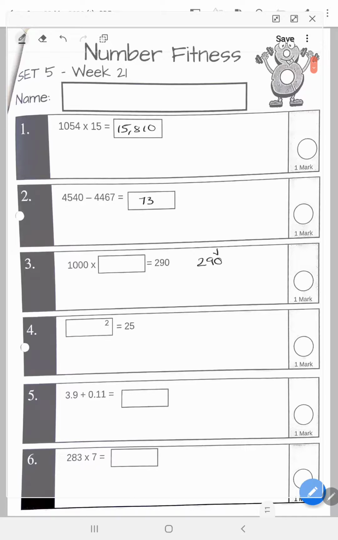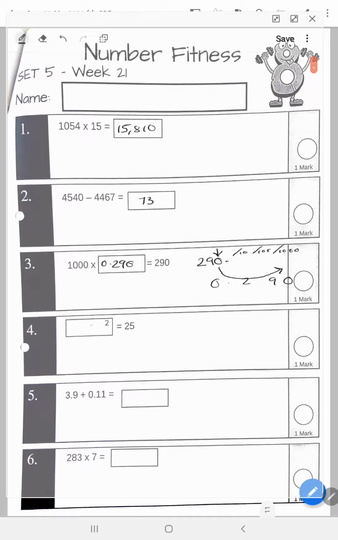We look at the ones, that's our ones, and we're going to move them to the 1,000th place, and that will be the same as dividing by 1,000. So we're moving it to that place there. Then we write the number in, 0.290.